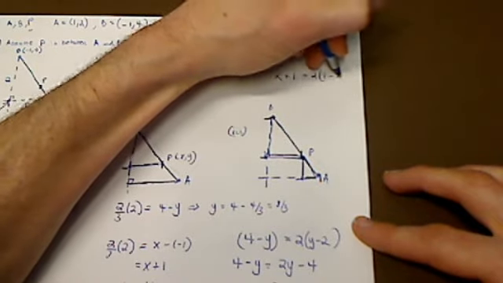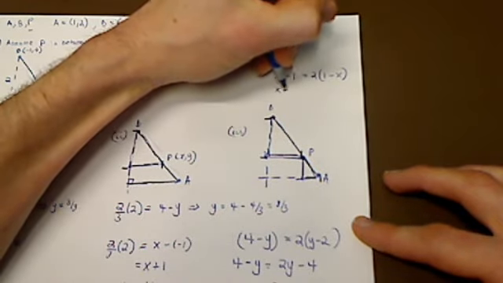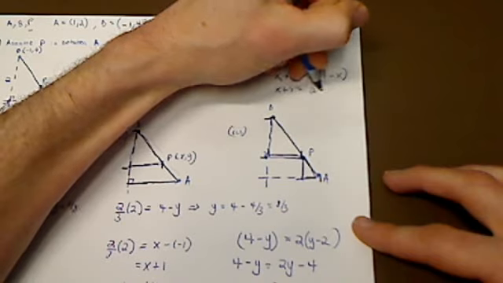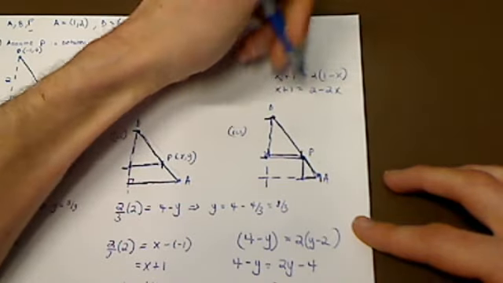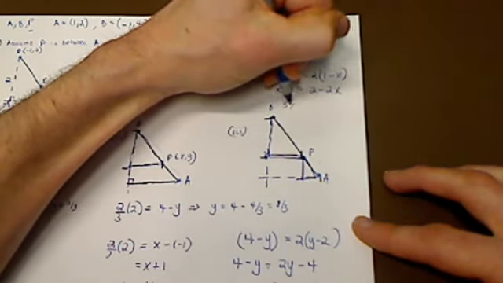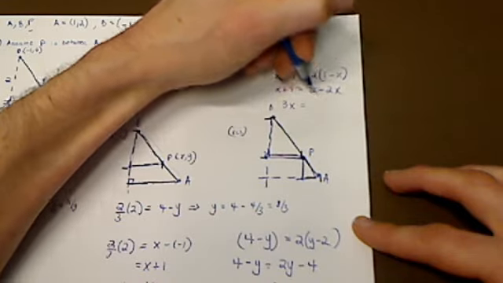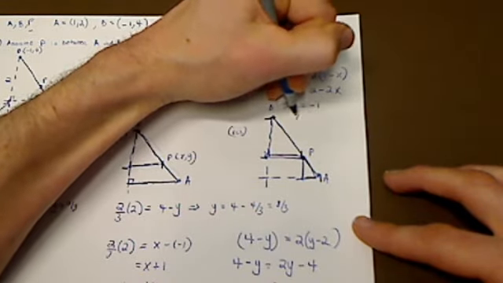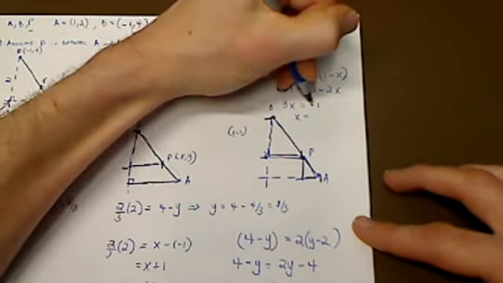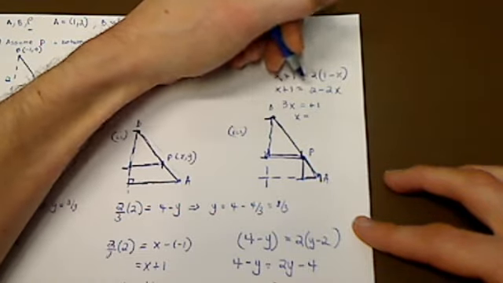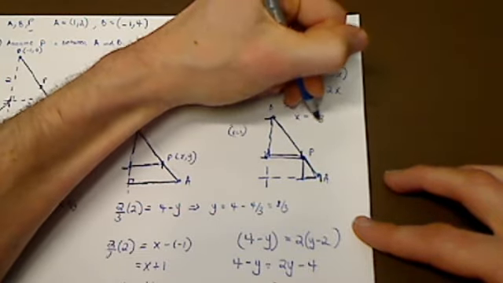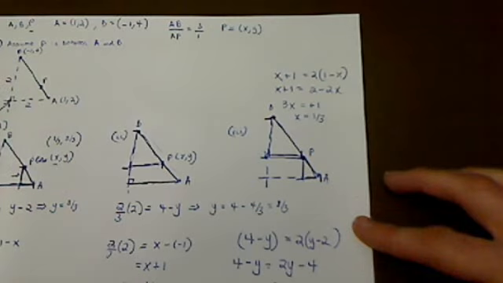So 2 times 1 minus x. We're going to expand everything. x plus 1 is 2 minus 2x. Let me add that 2x over, you get 3x. Let me subtract the 1 over, you get minus 1. And, oops, sorry, plus 1, because 2 minus 1 is that. And then we get 1/3. And we get the same exact solution.